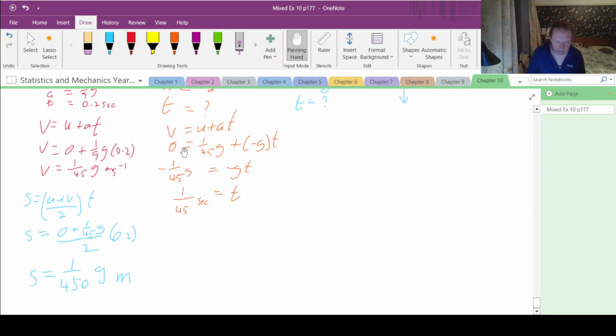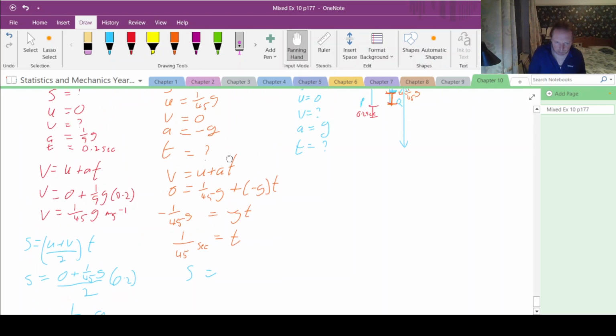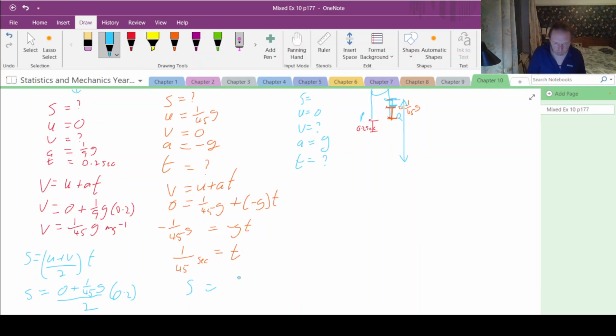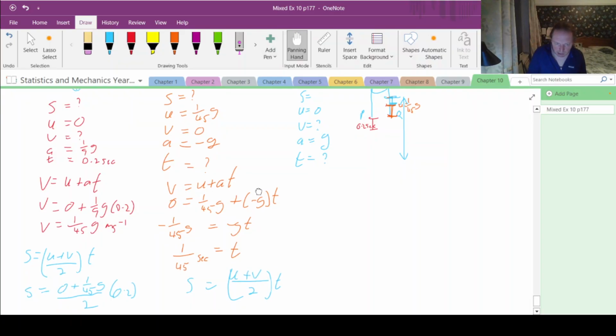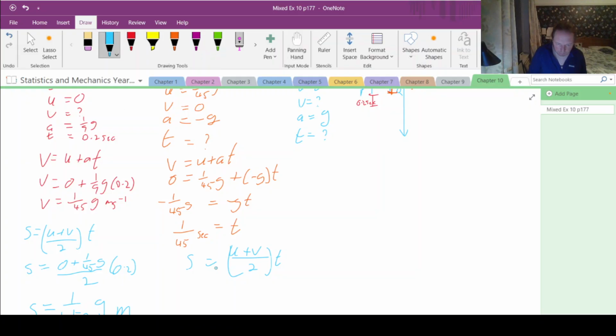and again I will do S equals U plus V over 2 T, and so my S is equal to my 1 over 45 g plus 0 over 2 times by my T that I worked out, which was just 1/45.